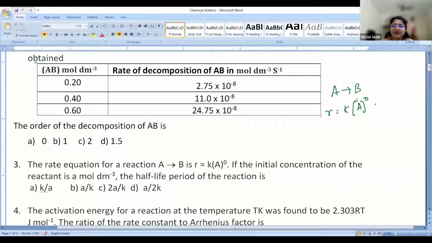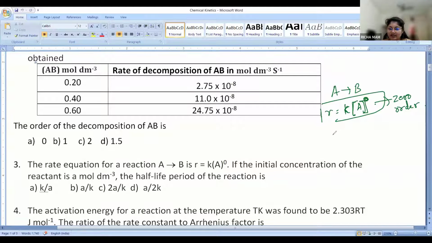So this is the rate equation for zero order. The rate equation is k, the rate constant, into concentration of A raised to 0. So this rate equation represents a zero order reaction.